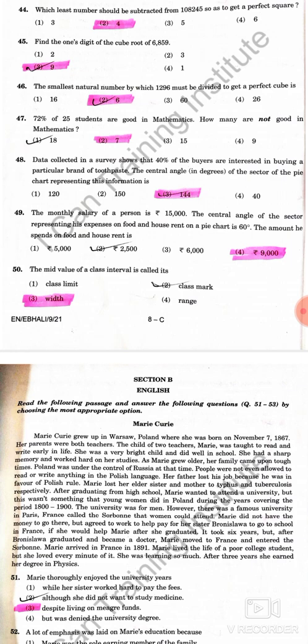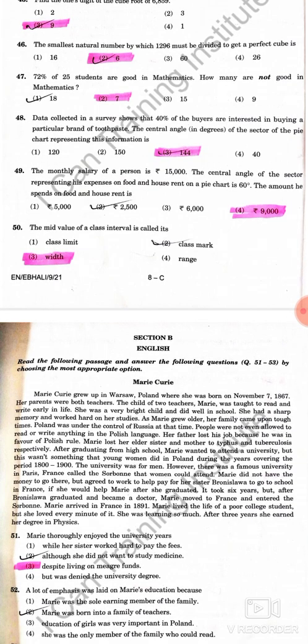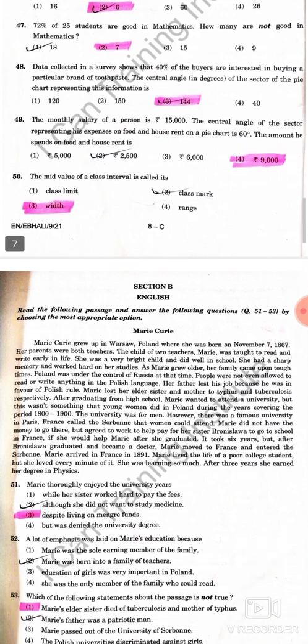The central angle of the sector representing his expenses on food and house rent in the pie chart is 60%. The amount he spends on food and house rent is, and the answer is option number 4. Question number 50. The mid value of a class interval is called its, and the answer is option number 2.